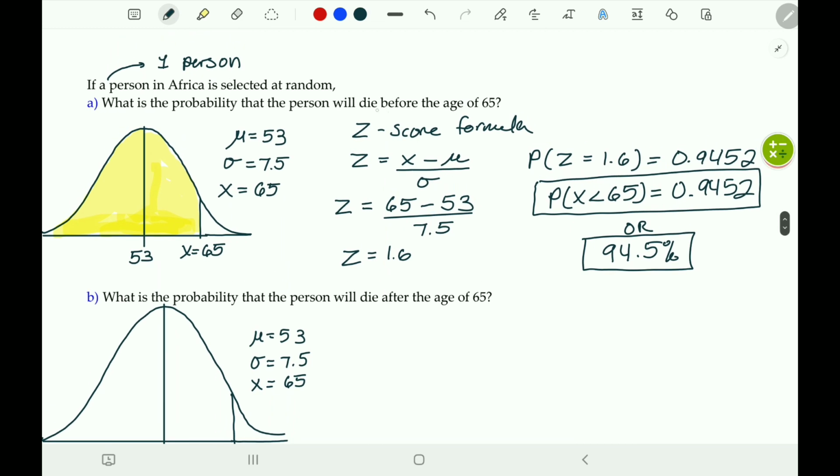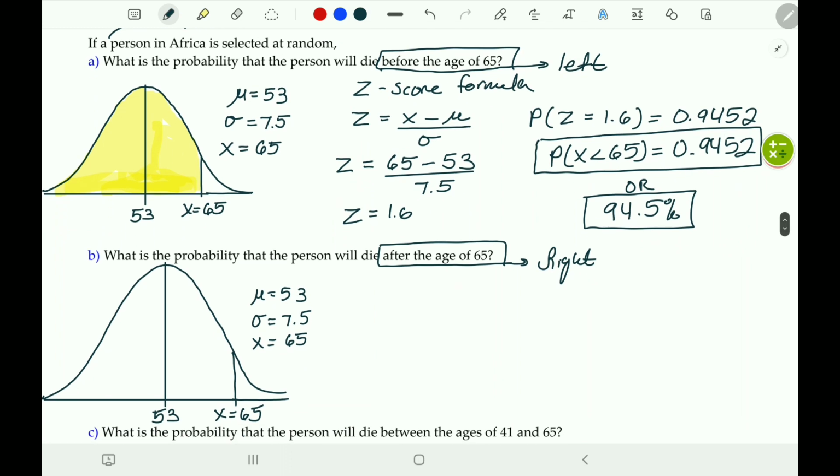Also, let me indicate that this means to the left. Let's box this. And because it says die after 65, that is indicating to the right. So we're going to shade to the right of 65.